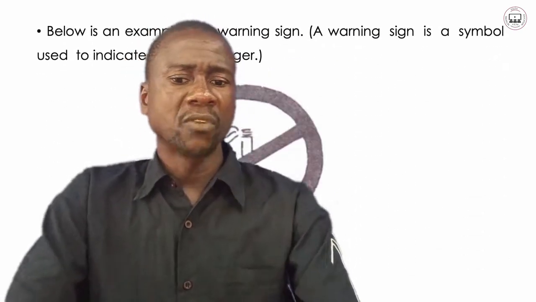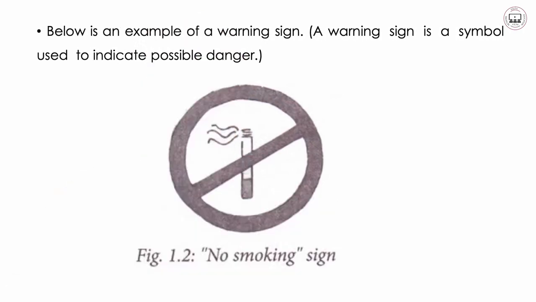Now I take you to this kind of sign. This sign can be found in a laboratory. It is communicating to the users of the laboratory that around the area where this sign is placed, there should be no smoking. This is a no smoking sign.